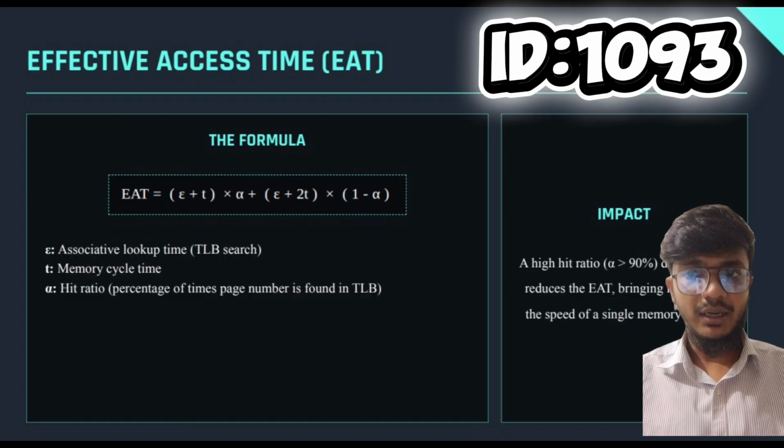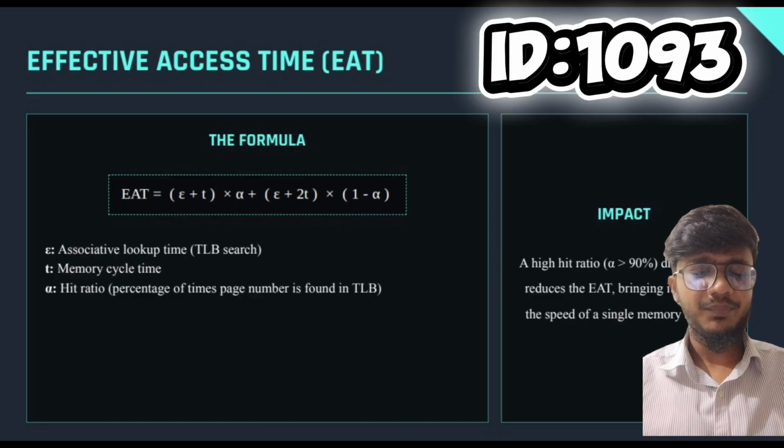I'm talking about hardware acceleration, TLB and effective access time. Here you can see the formula for effective access time, or EAT. The symbol alpha represents the hit ratio, which is how often the processor finds the desired page directly in the TLB.